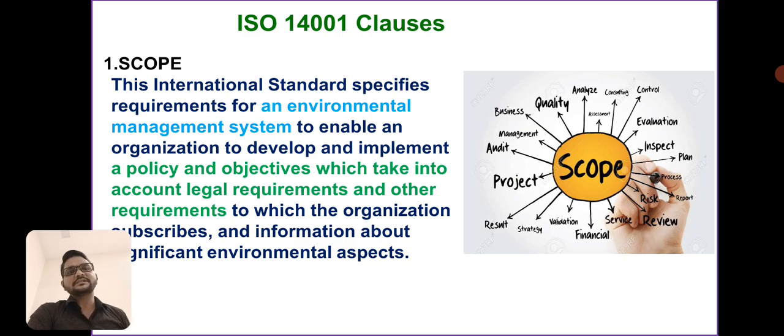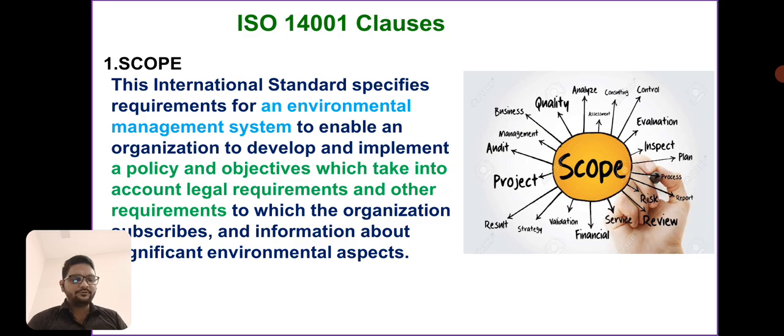Means this international standard specifies the requirements of an environmental management system, related to EMS, to develop and implement a policy and objectives which take into account legal requirements and other requirements and information about significant environmental aspects.